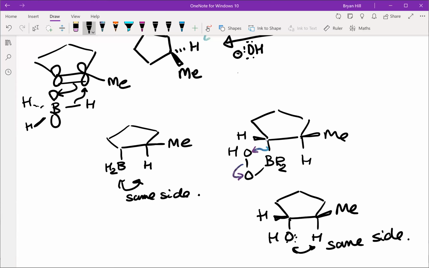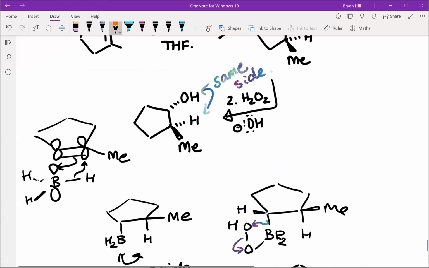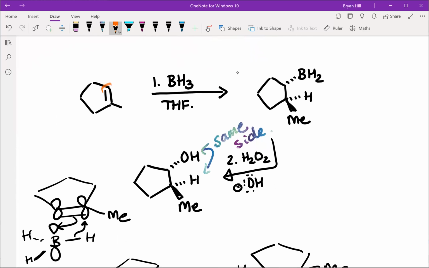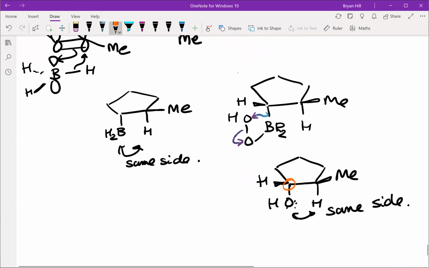The OH, though, is on the least substituted carbon. So OH goes there, and the proton goes on the more substituted carbon. So that's the hydroboration reaction. It's complementary to the oxymercuration.